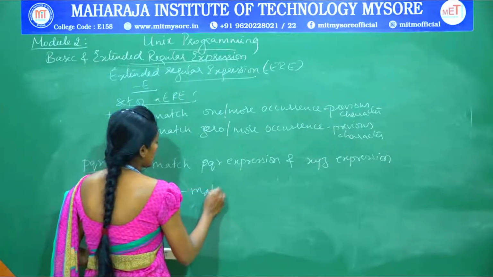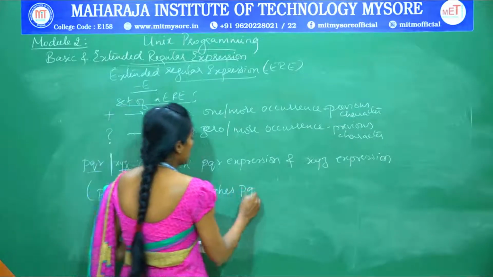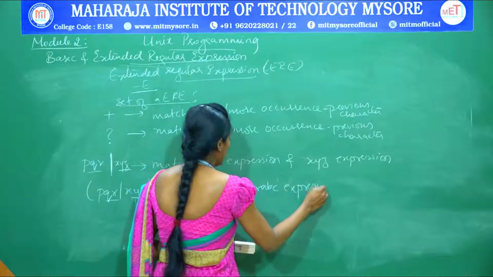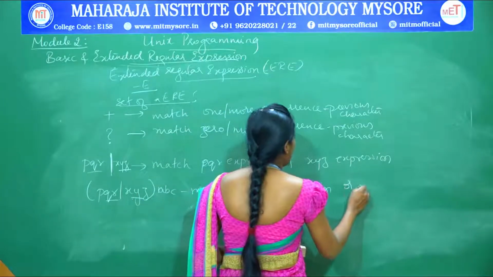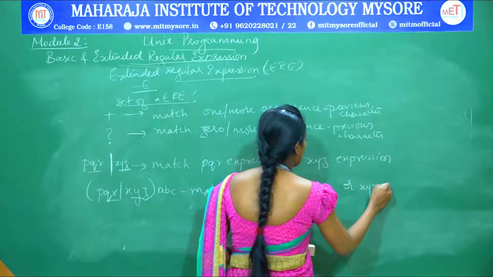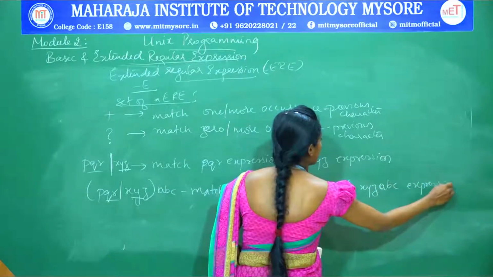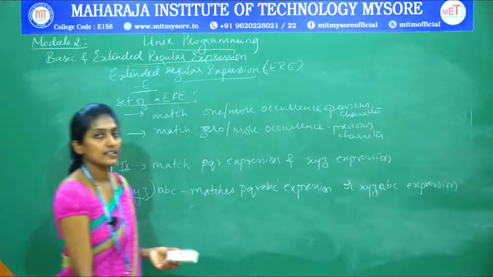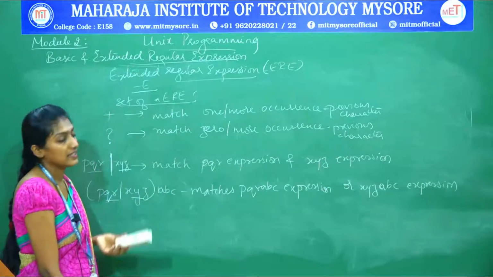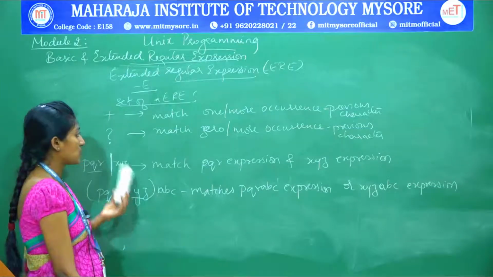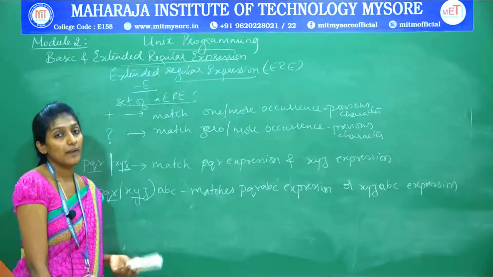Okay, so it matches PQR ABC expression, or XYZ ABC expression. So this is the set of ERE, that is extended regular expression, which has been used for matching dissimilar patterns.